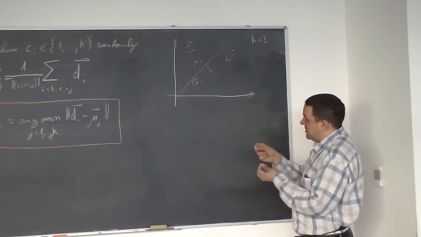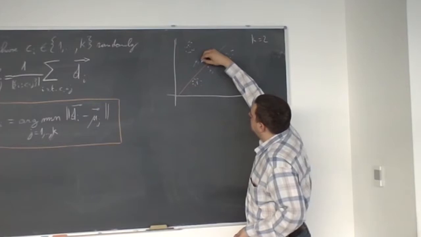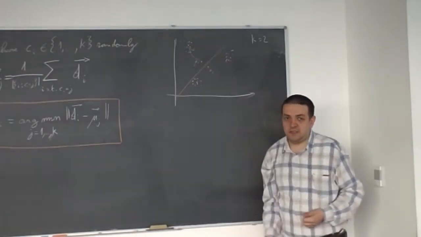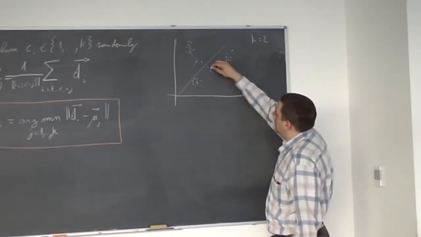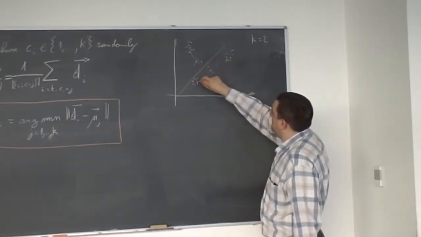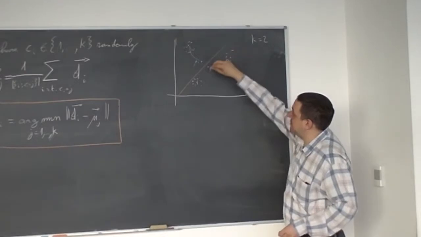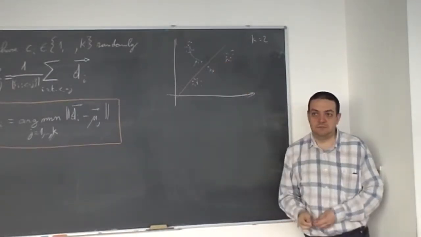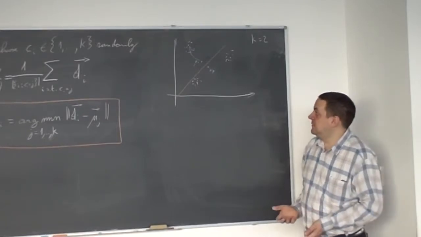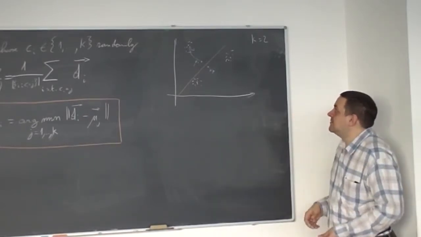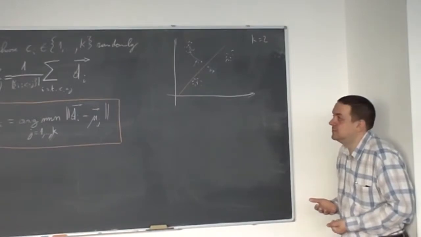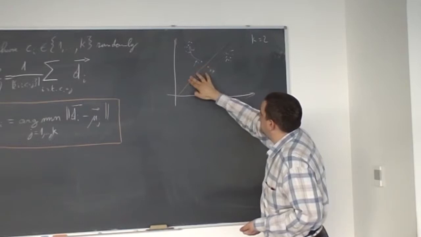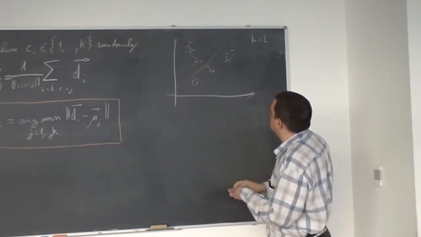Meaning, for example, that at the second step, mu1 will migrate here, while mu2 will be the average position of this group of clusters, and this will migrate maybe here in the middle. And actually we are done, because in the next step, this bisection will be slightly different.